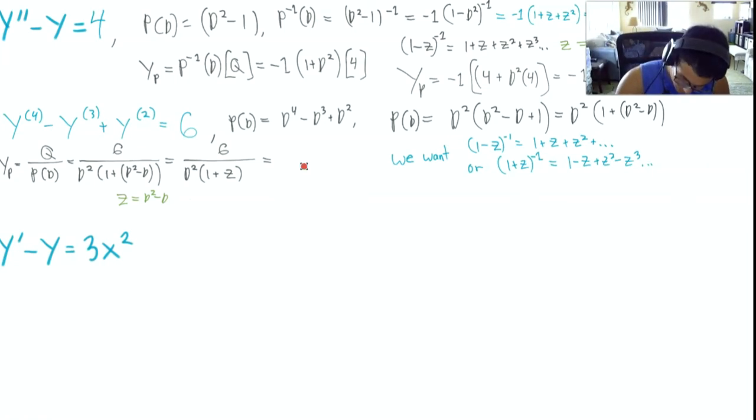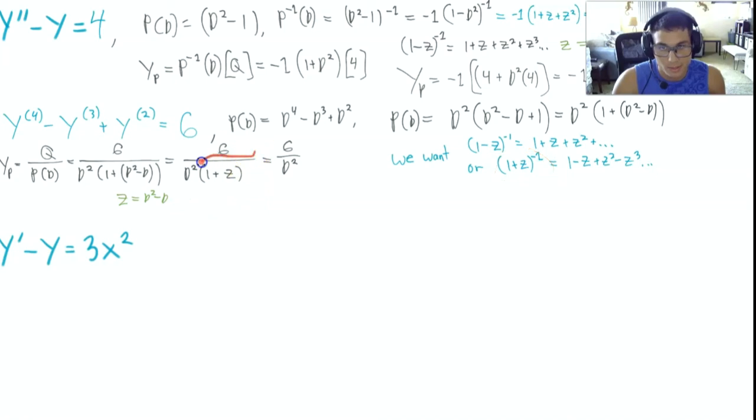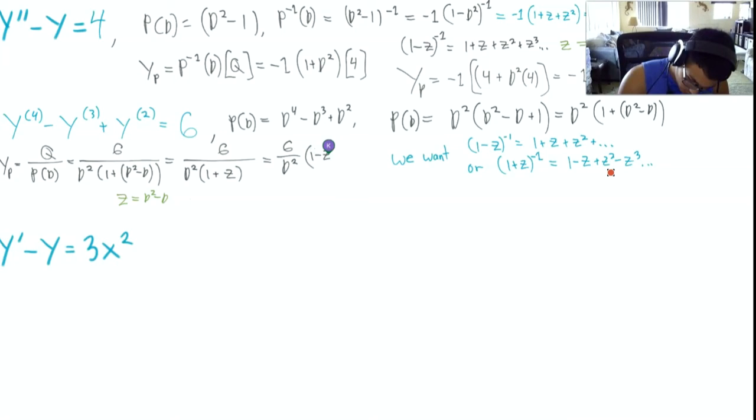This is going to be 6 D squared, since we made that substitution, and then we saw that this thing is the same thing as this thing, right? We did this substitution purely so we can get this, so it's going to become 1 minus z plus z squared dot dot dot.